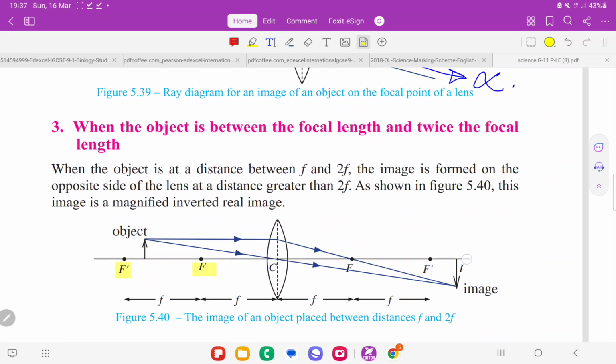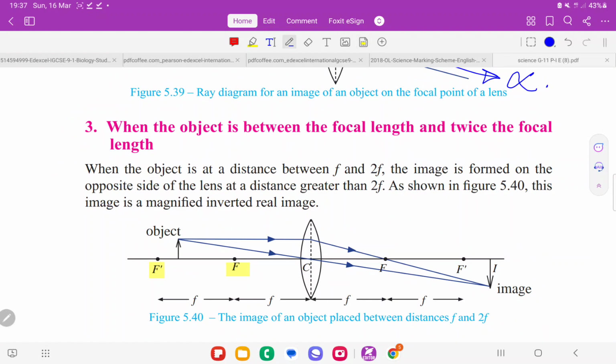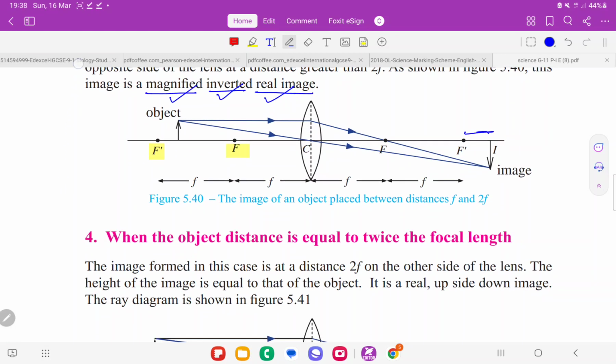So here the image is created beyond 2f, and what kind of image is it? It's a magnified, inverted, real image beyond 2f. That thing you need to remember.